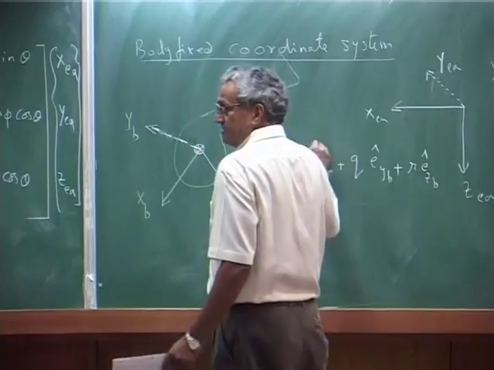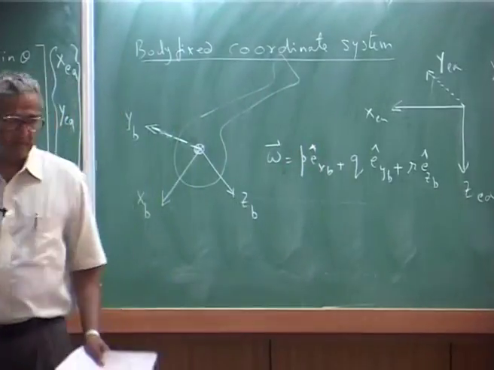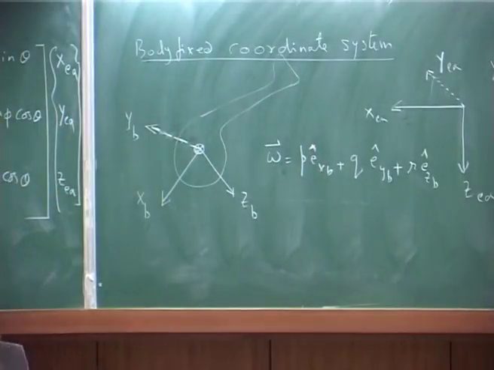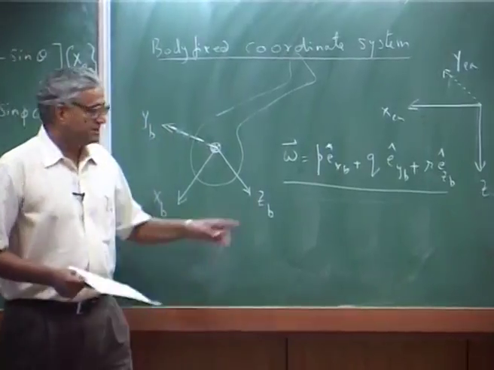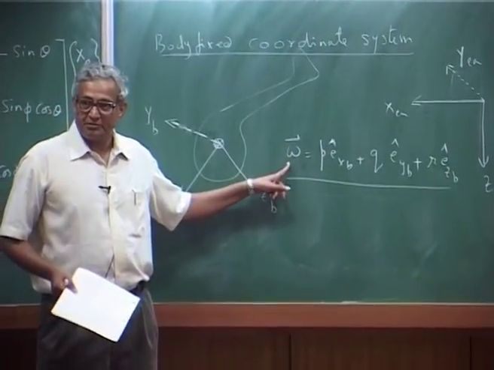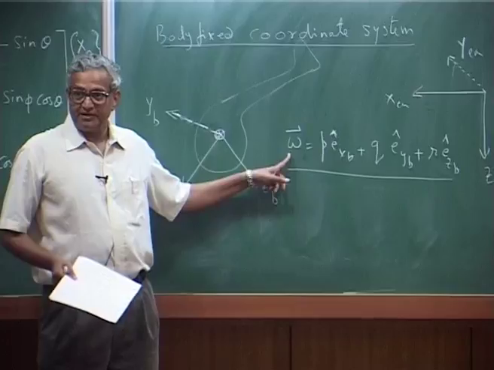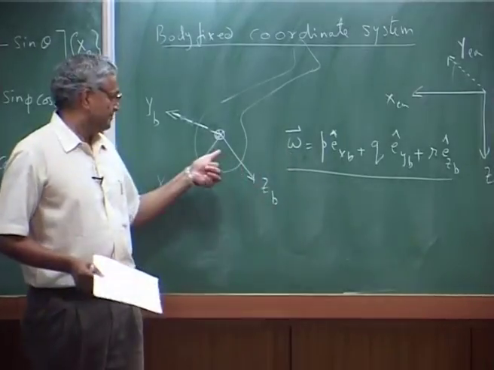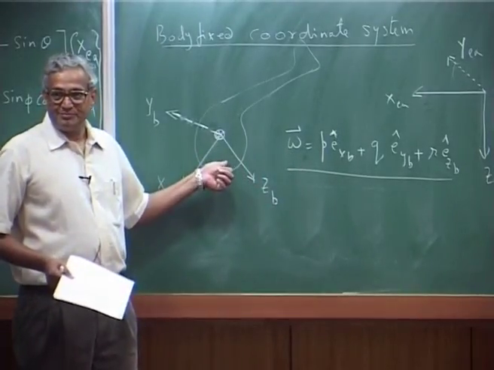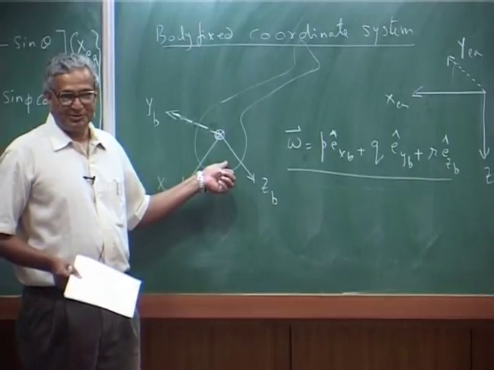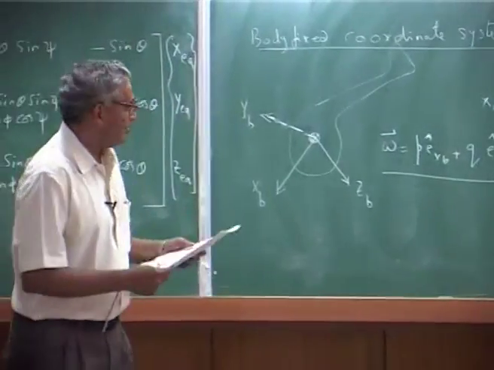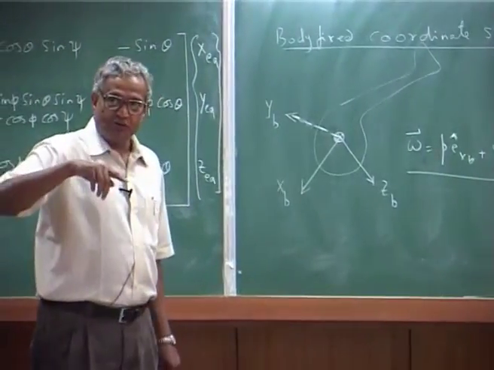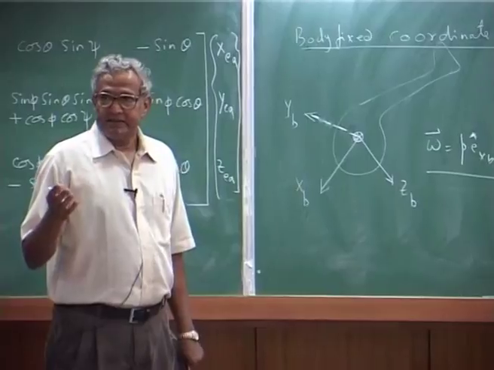Okay, those e are the unit vectors. Now, this is the instantaneous angular velocity vector defined with respect to body axis.